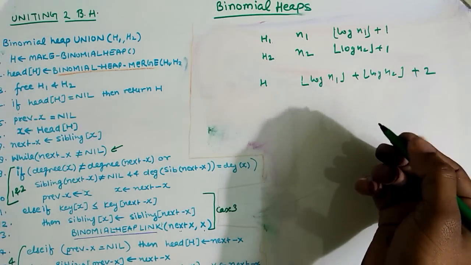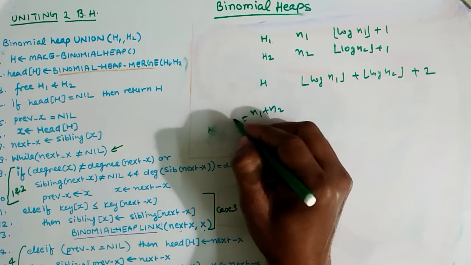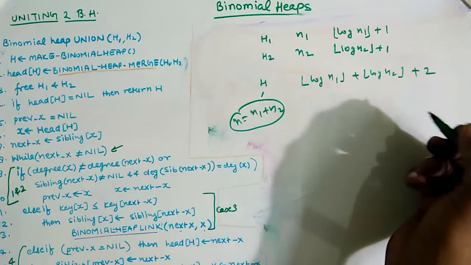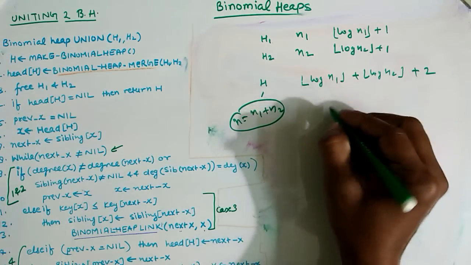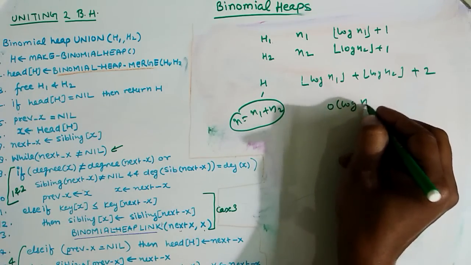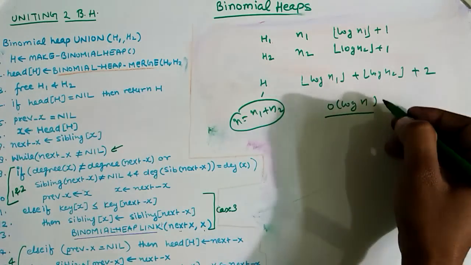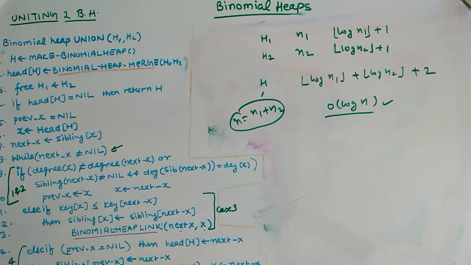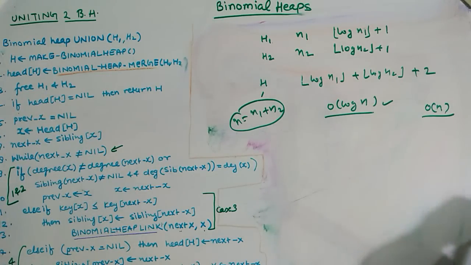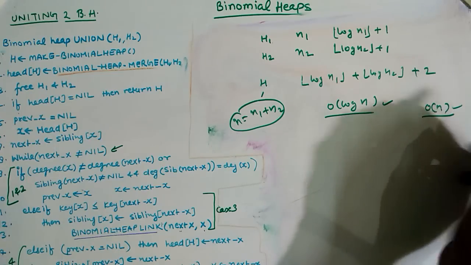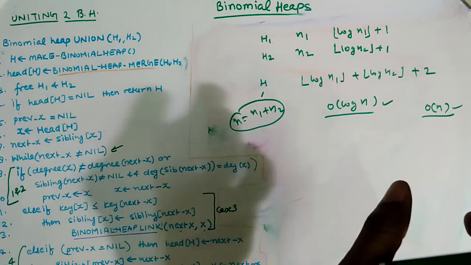Because n1 plus n2 is the total number of nodes in the heap, the time complexity taken by heap merge would be order of log n. So the time complexity of heap union is order of log n, which is very efficient compared to binary heaps, arrays or lists, which take order of n time to perform the union operation.